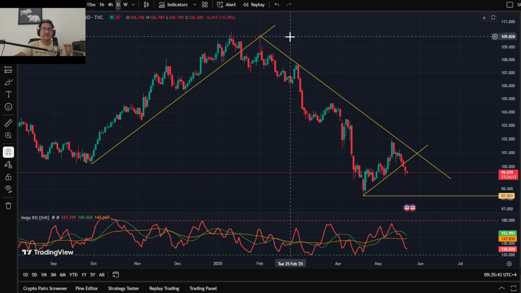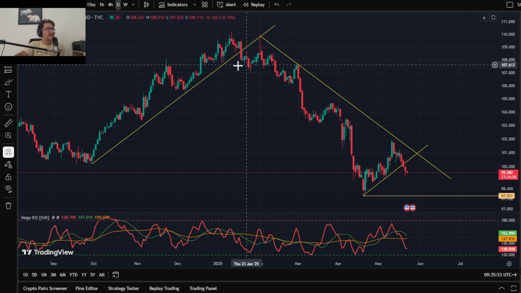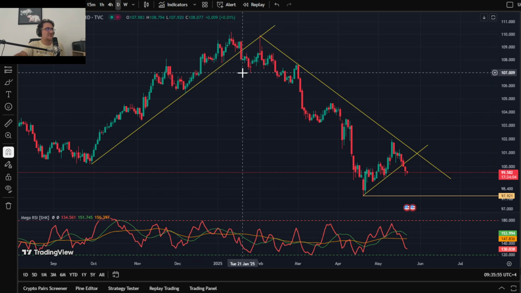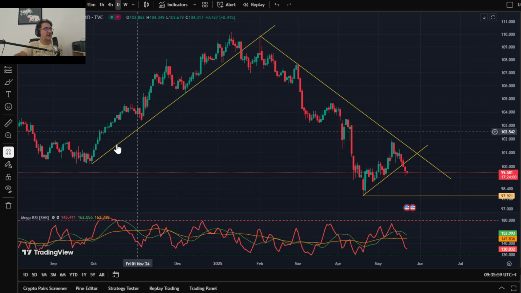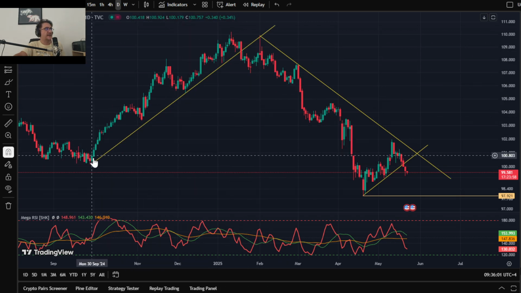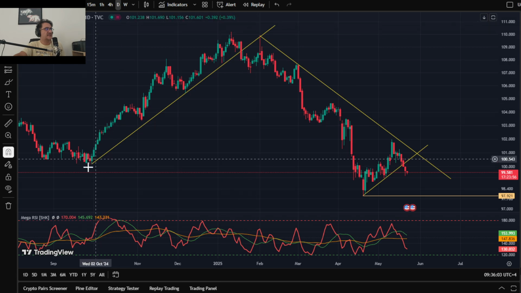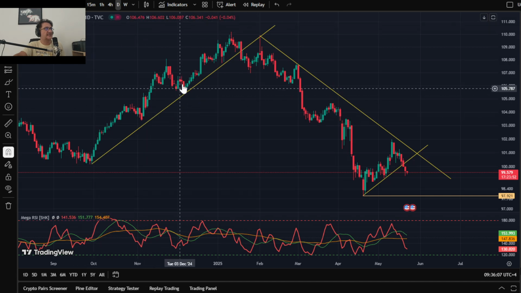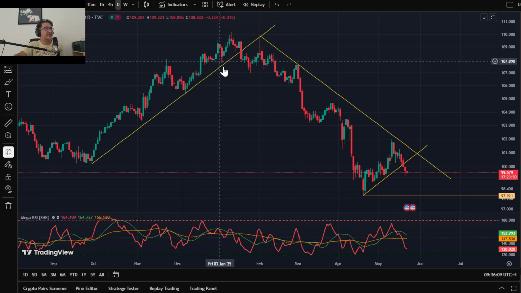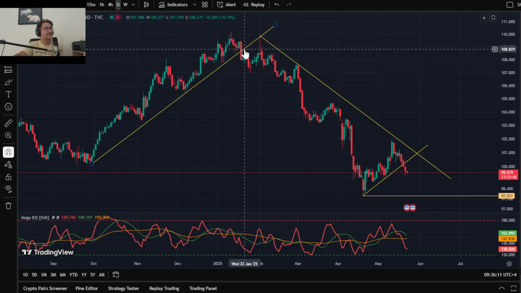Let's see it visually. We have a very correct trend line, with one touch here, one attempt here, another touch here, and then here.